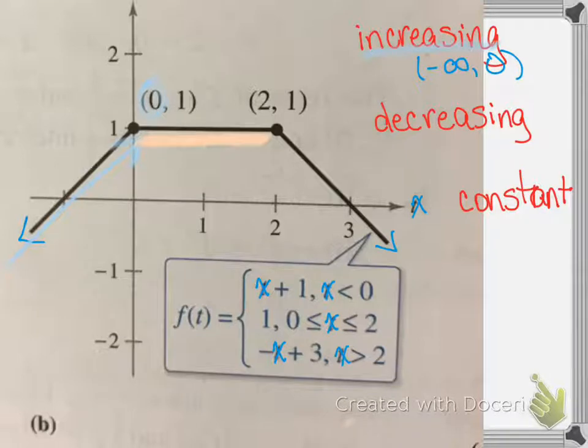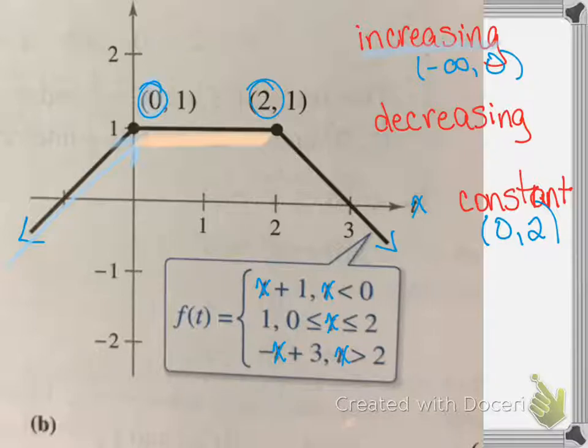What is happening right here? It is constant. So between 0 and 2, because I am focused on those x values, my graph is constant. What's going on here? It's decreasing.